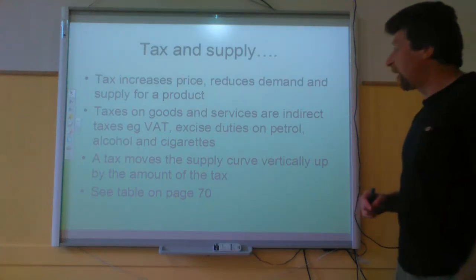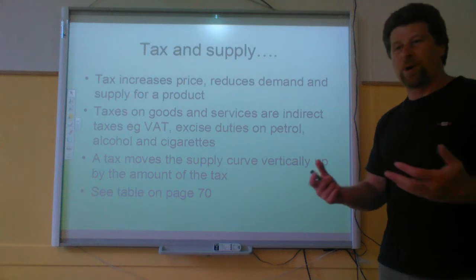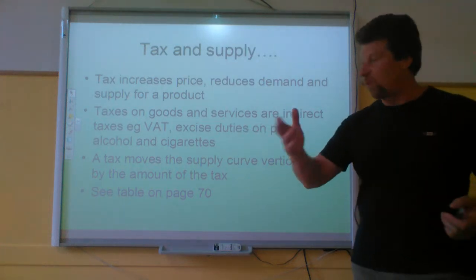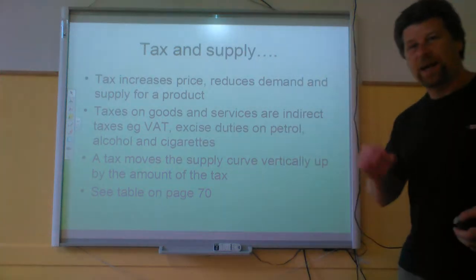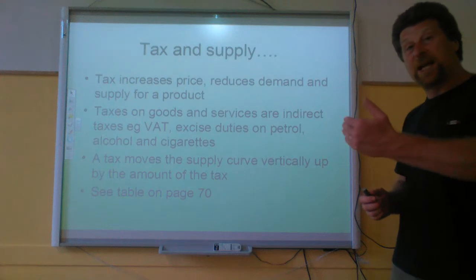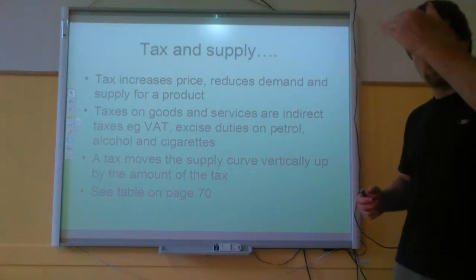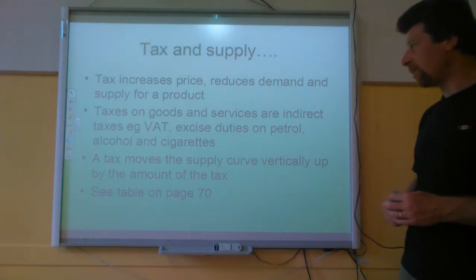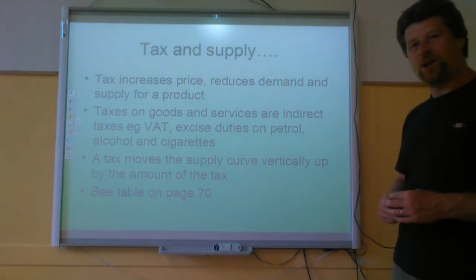A tax increase on a product, for example, books, maybe IVA, or VAT in English, goes up from 15 to 20%. Obviously, this increases the price, will reduce demand and supply. So that could be IVA.